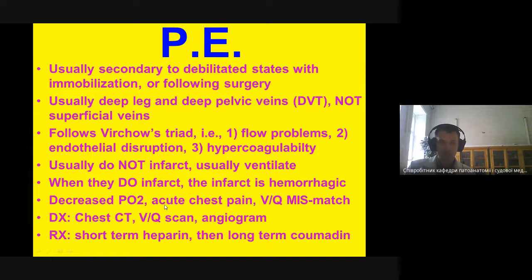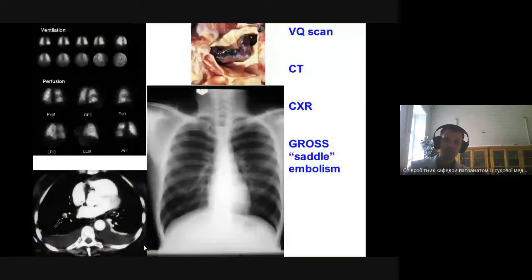Decreased oxygen, acute chest pain, ventilation-perfusion mismatch. Chest CT, angiogram, short-term heparin. So you see that ventilation is quite good, but perfusion is impaired on the left side.